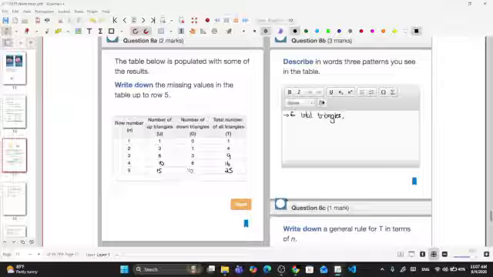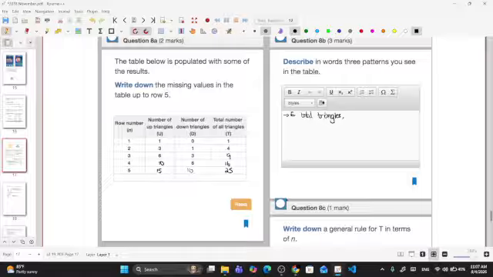We can see that each and every number represented in this column is basically a square number. So for total triangles, I can say that it is equal to the square of the row number.